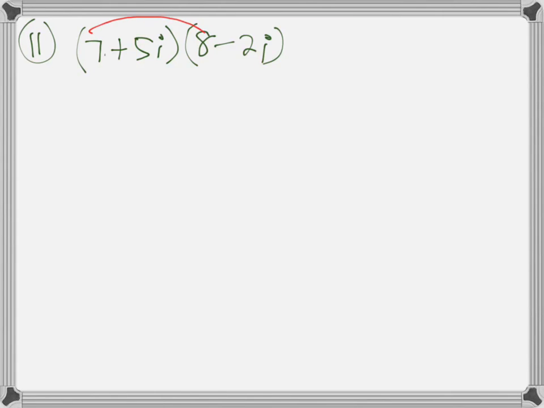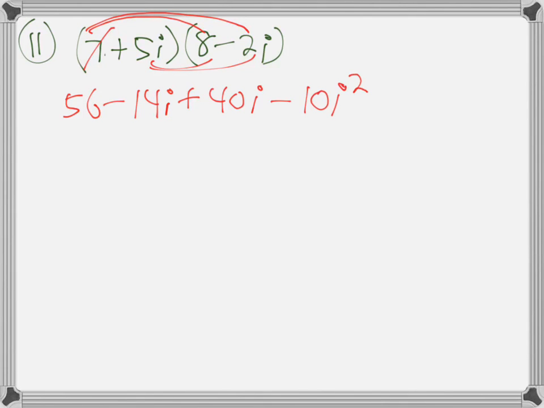So here we go. This 7's going to go to both. 56 minus 14i plus 40i minus 10i squared. Good so far? Just normal FOIL.